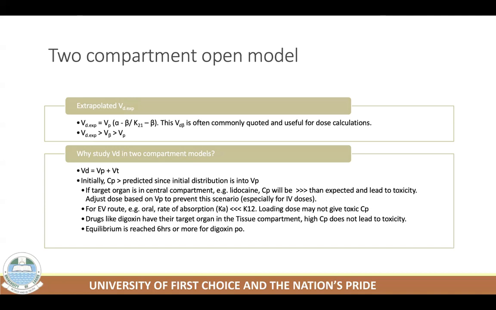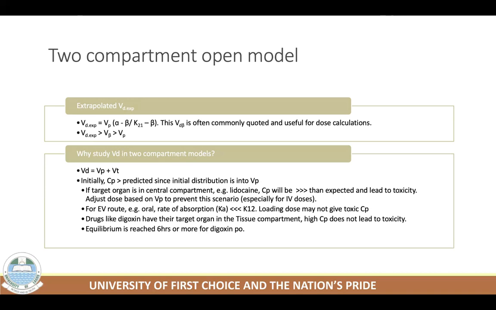Do not reflect tissue concentration. But after distribution, let me take it back again. I said the reason why you don't have toxicity or therapeutic effect because of the high CP values is because the plasma concentration value before distribution is complete does not reflect tissue concentration.